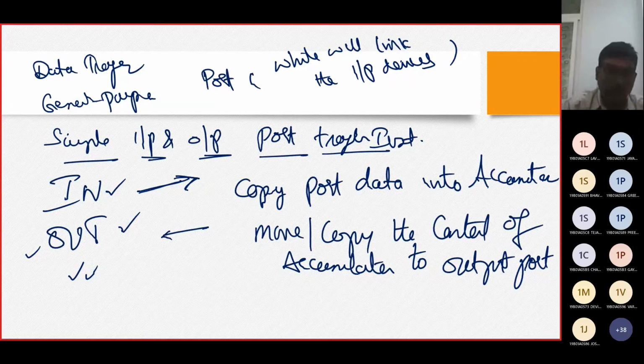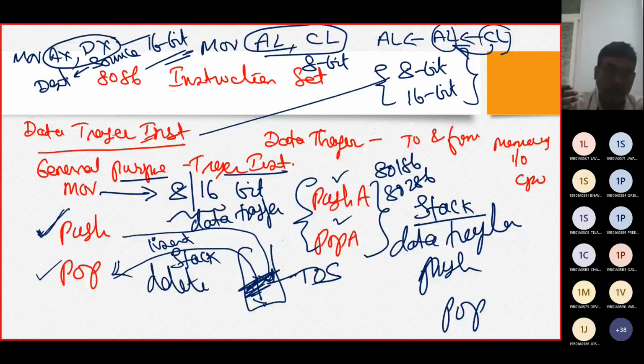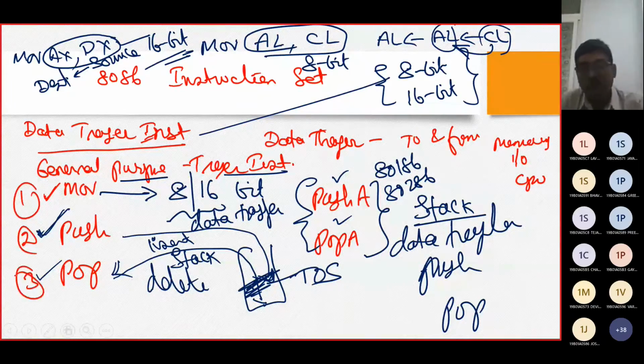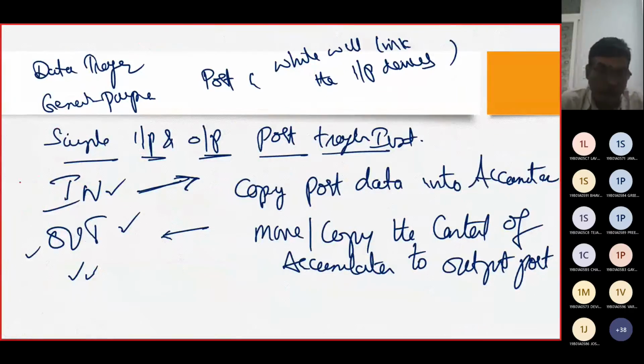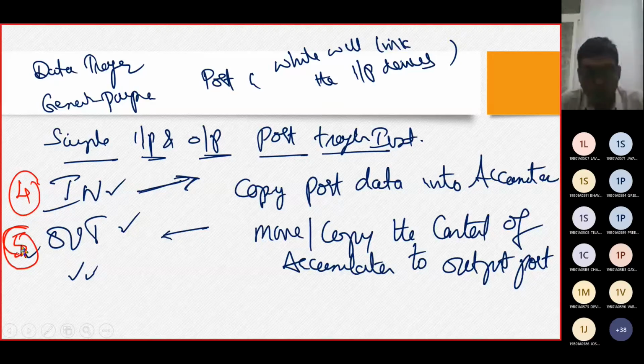Up to now, as we studied reserved words in C and in Java, similarly here the reserved words: one, move; two, push; three, pop, the stack input and stack output operations; followed by the input port and then the output port.